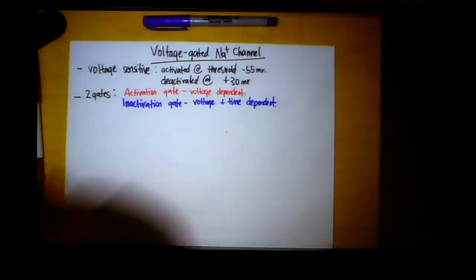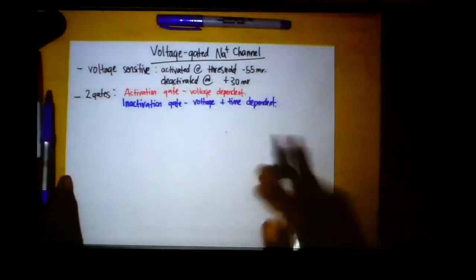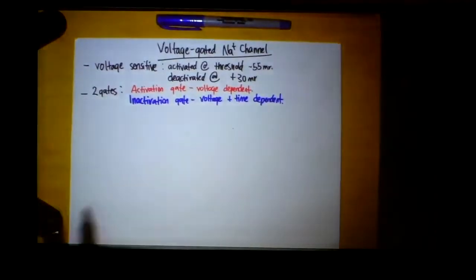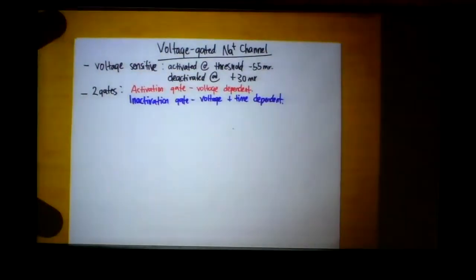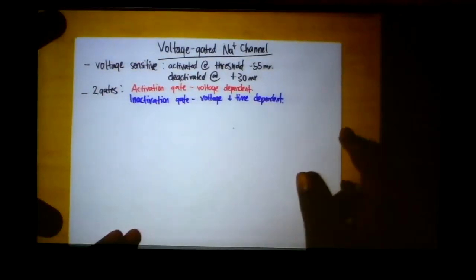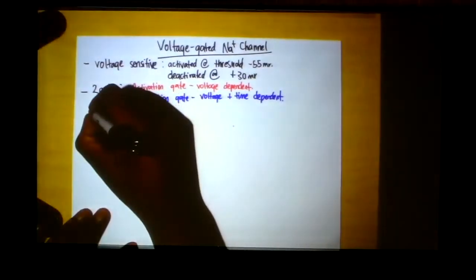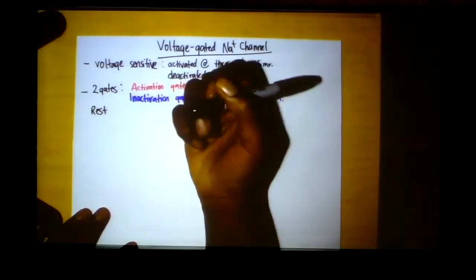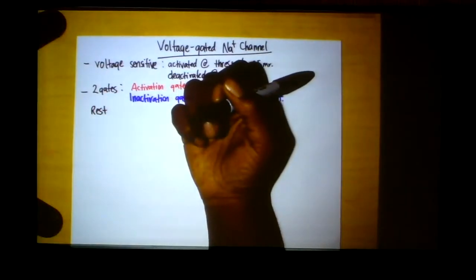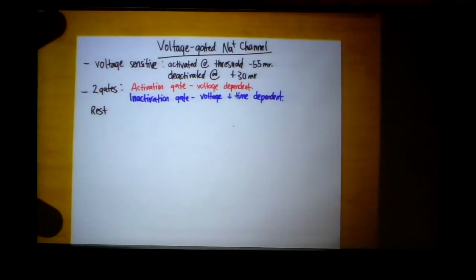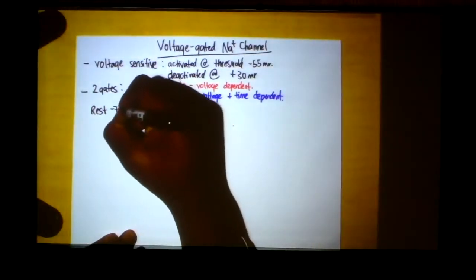Alrighty, so let's actually draw out the three stages of this channel and talk about the different configurations of the gates on the channel, right? And we're going to look at things at rest, which we know to be what voltage? Negative 70, correct, right? Negative 70 millivolts.